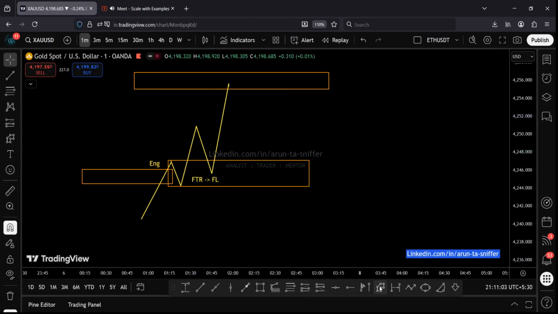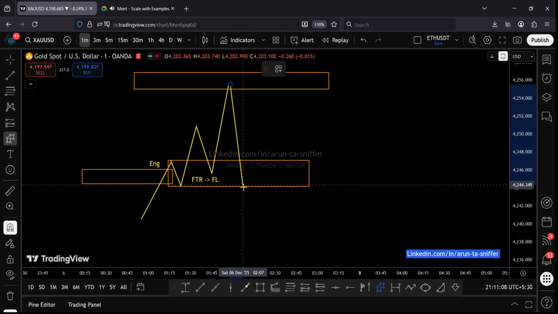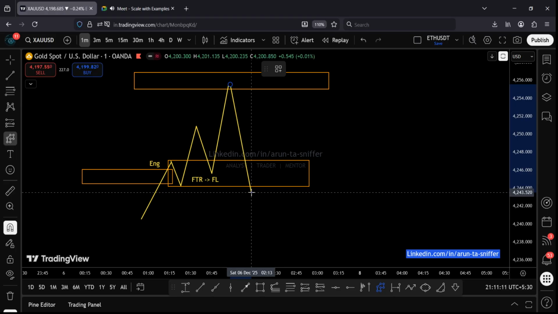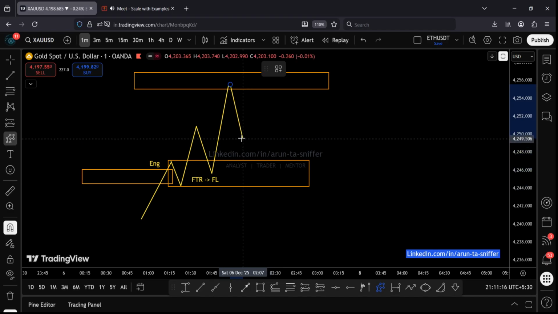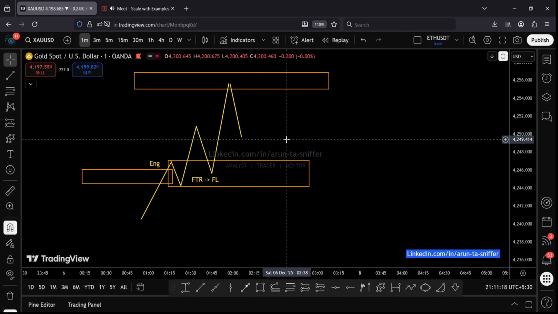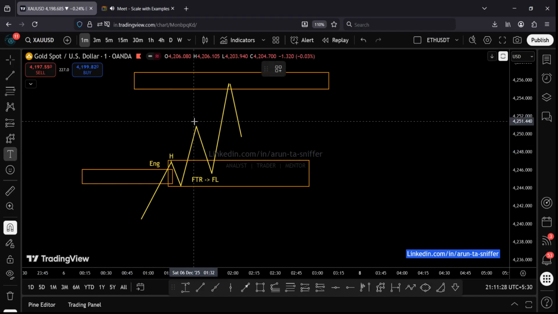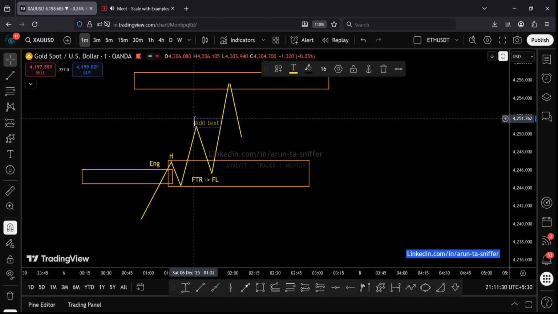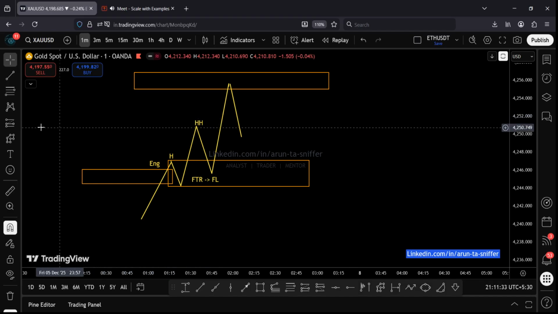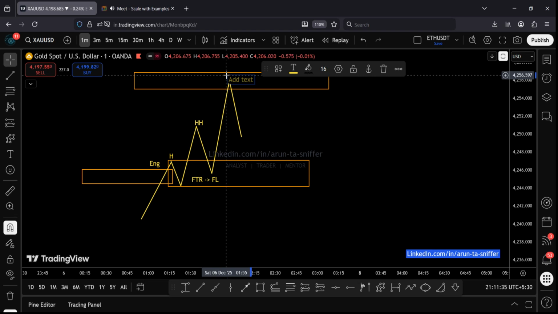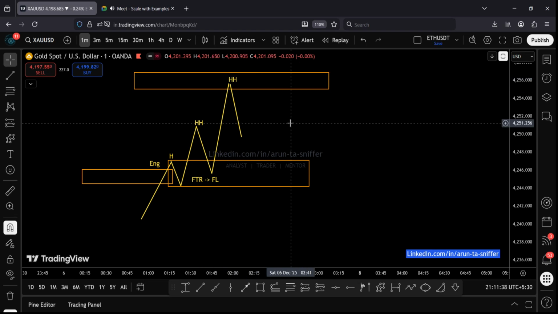What happens when the price comes back and engulfs this zone? Here we have this one is high. After engulfing this one is higher high, and here we have another higher high.